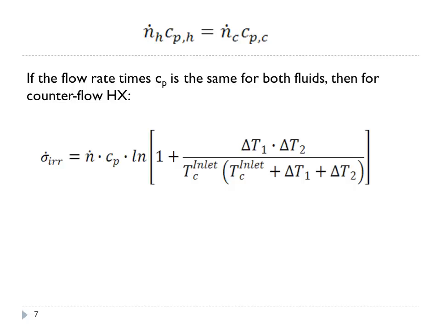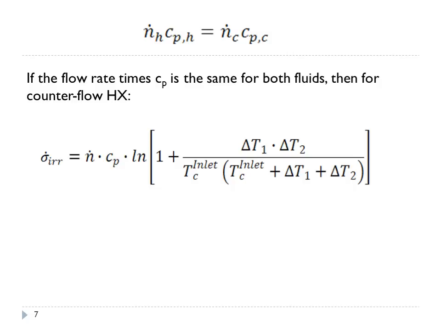It also increases with C sub P, which means more heat is being transferred. When you solve that equation, you get n dot times C sub P times the logarithm, and inside the logarithm is 1 plus delta T1 times delta T2 divided by the temperature on the cold side inlet multiplied by the temperature on the hot side inlet, which is TC inlet plus delta T1 plus delta T2.